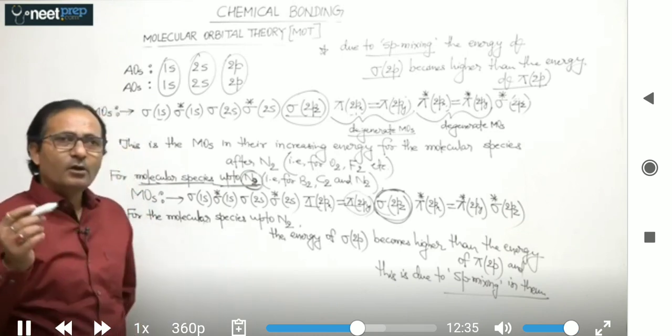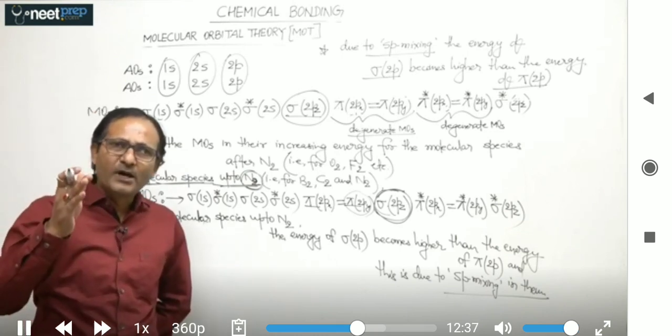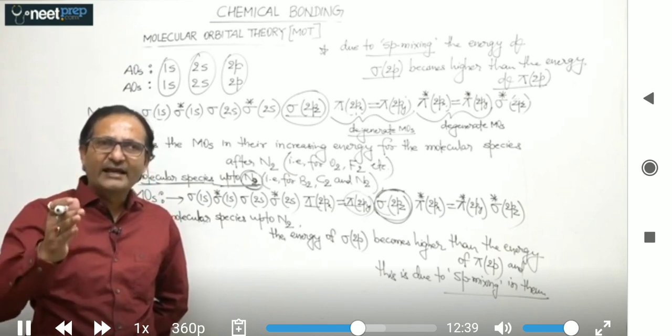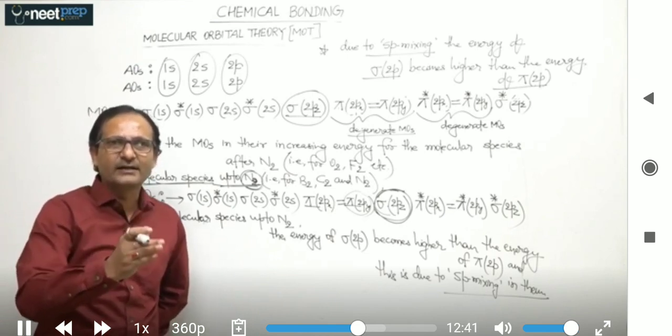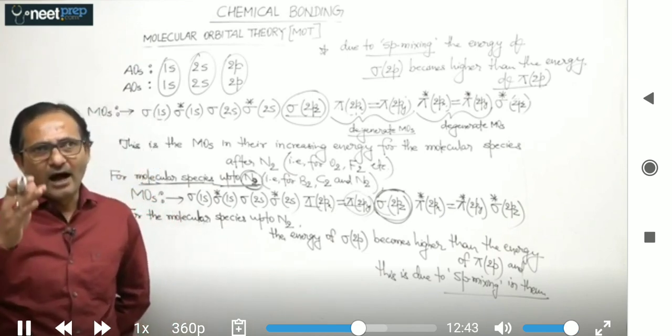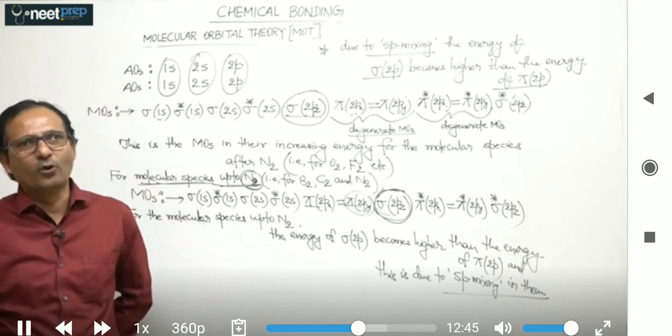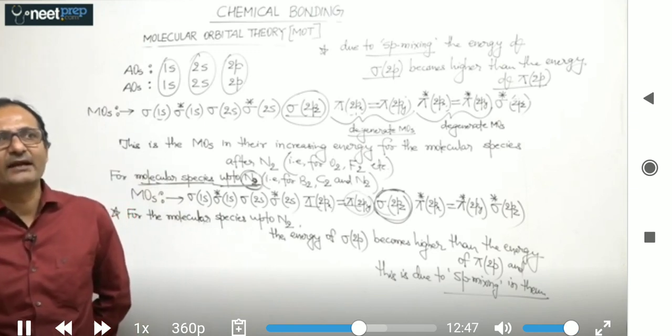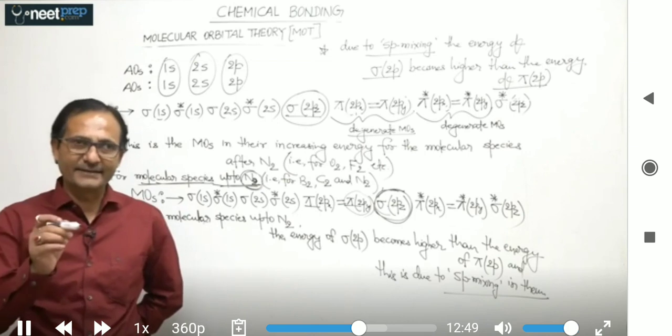Now, why up to the element N does sp mixing occur, and after N, that is in O and F, does sp mixing not occur? Listen.